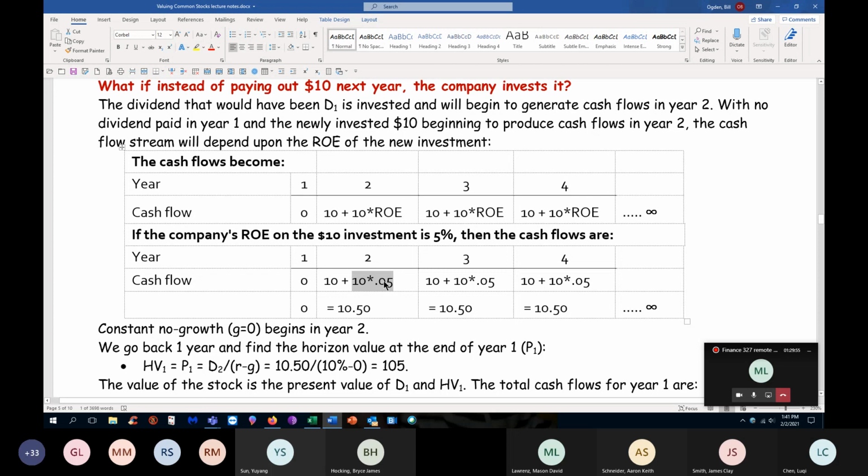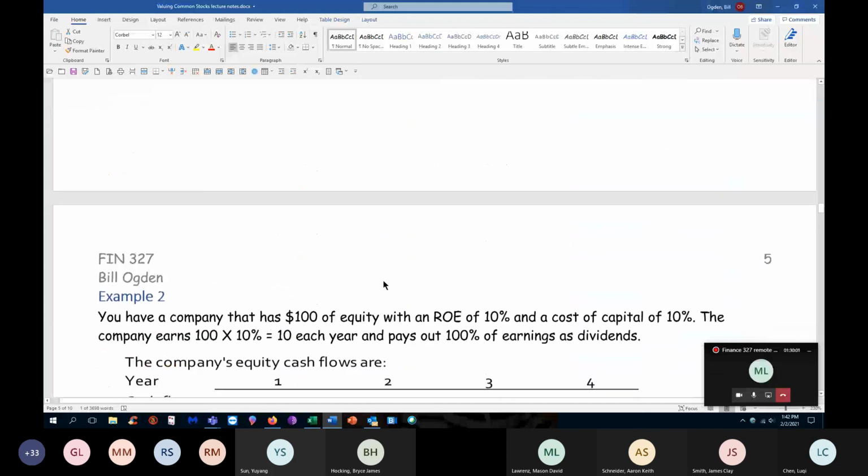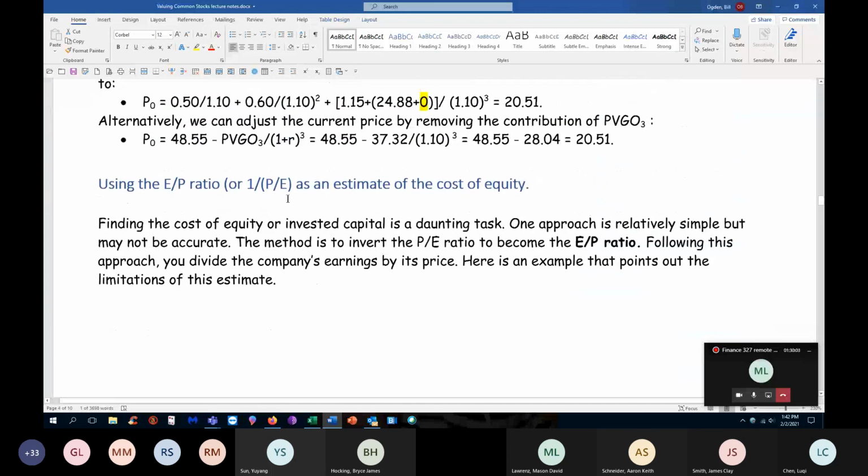In other words, what if this is 15%? We'll evaluate all 3 of those scenarios and try to demonstrate what is wrong with using the EP ratio as an estimate of the cost of equity. We'll complete that, and then we have a few other things to do, and we'll hopefully be ready for your assignment for next Tuesday.